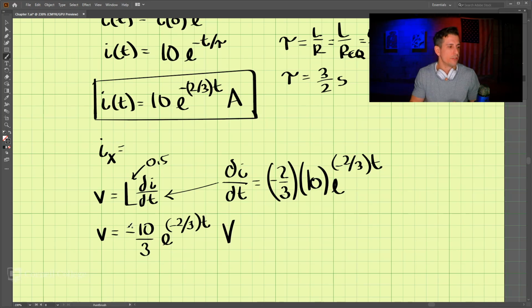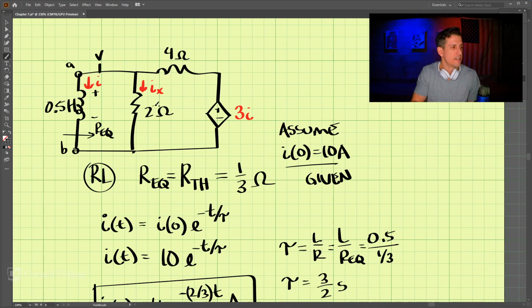Okay, so that's the voltage up here. But we still don't know the current here.